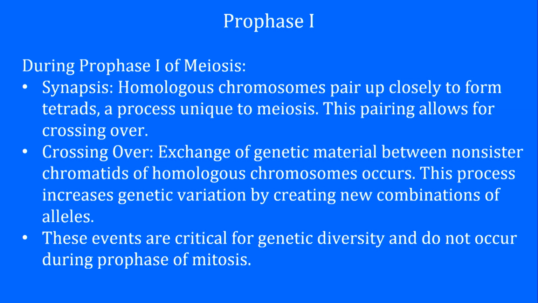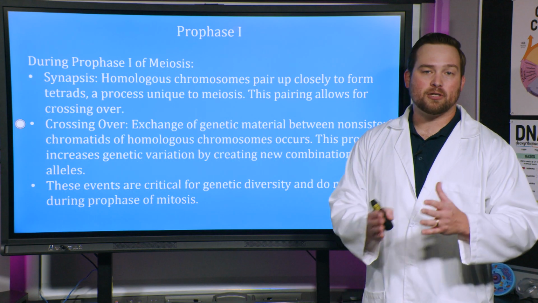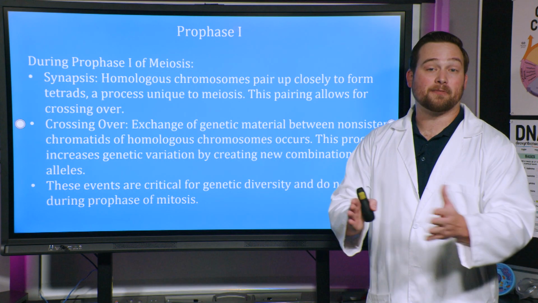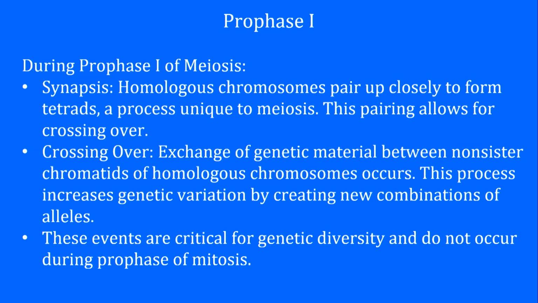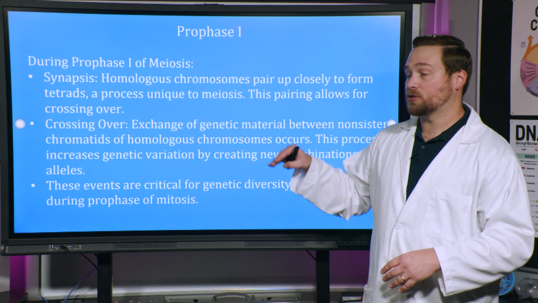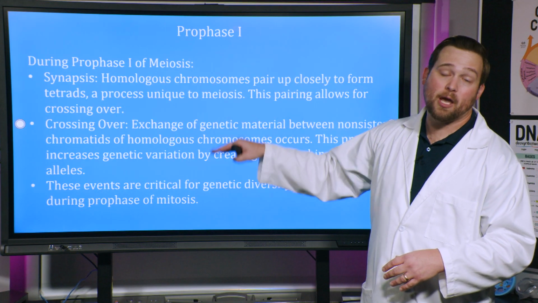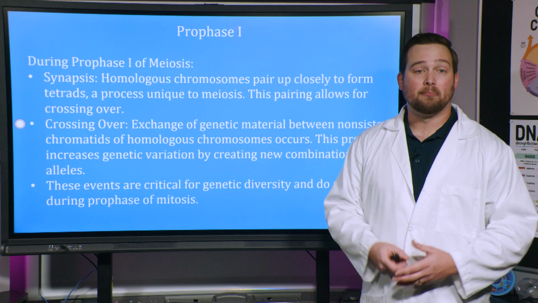So again, this crossing over, this is why you and your siblings don't all look just alike, because you each got a little bit different information from your parents. So these events, the synapsis, the homologous chromosomes, and the crossing over, these events are all critical for genetic diversity and do not occur during prophase of mitosis. So everything I just talked about is exclusive to meiosis and does not happen in mitosis.